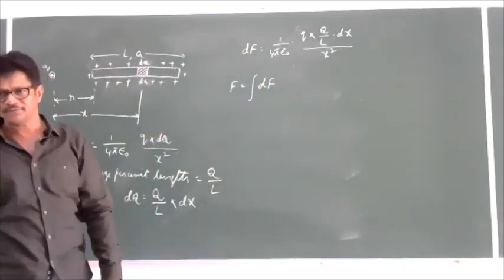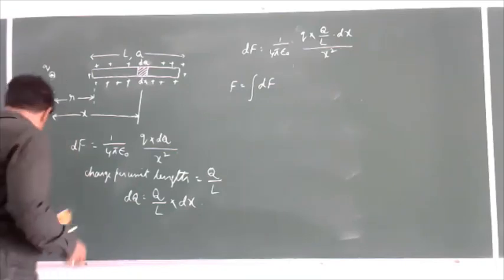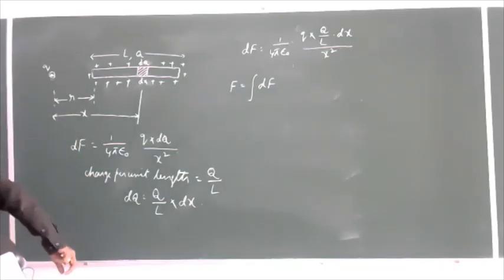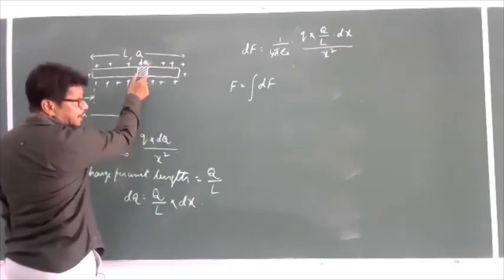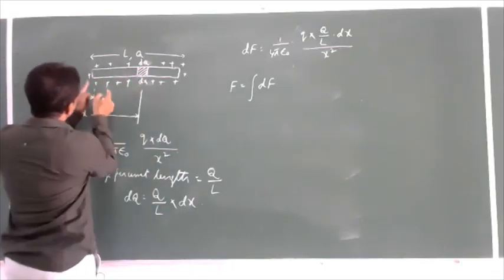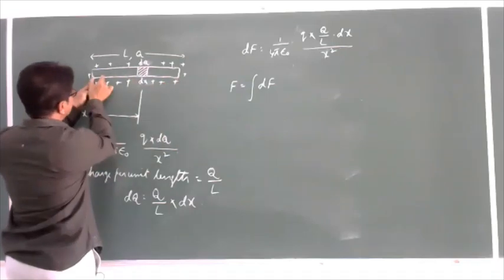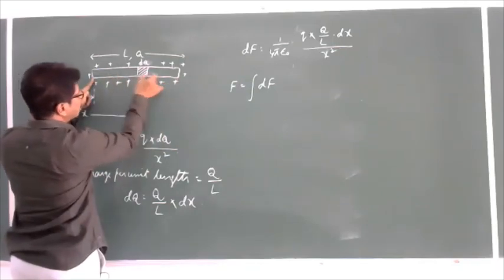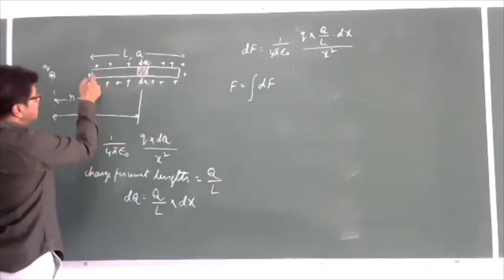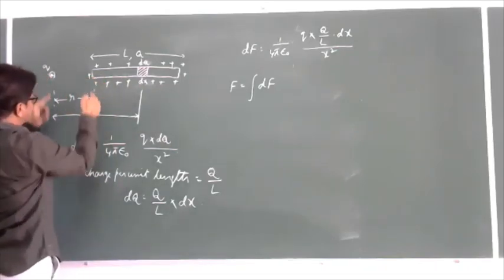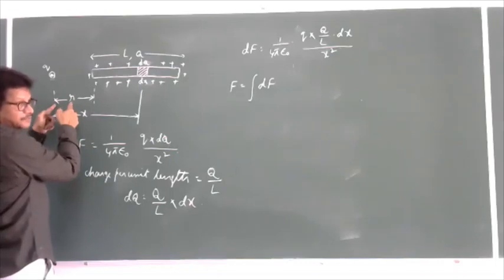Integral of dF. From where to where do I need to integrate? I am integrating the segments from here to here. The first segment is at a distance of r from the charge.